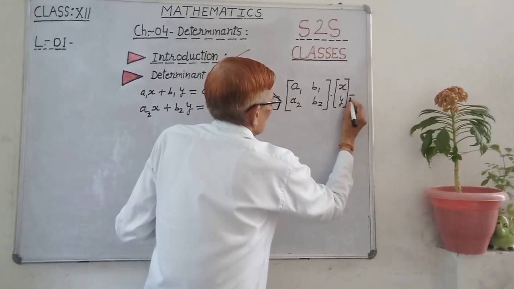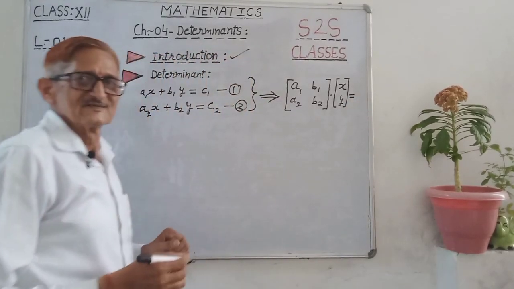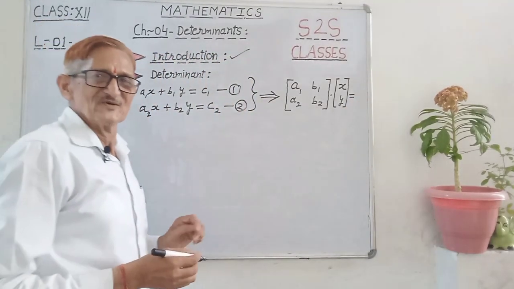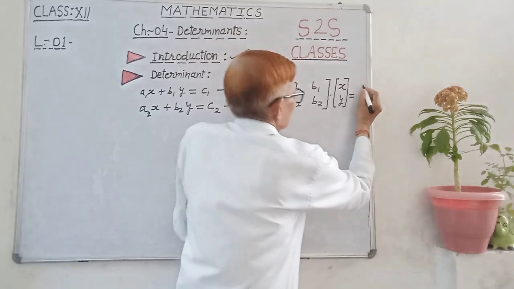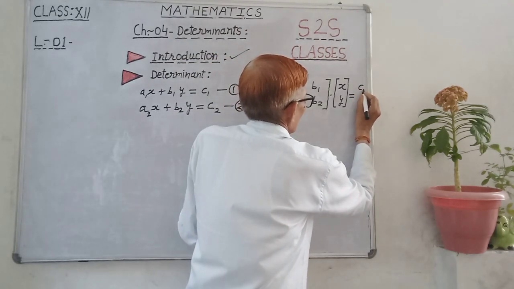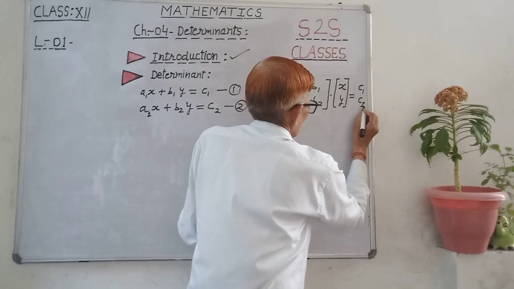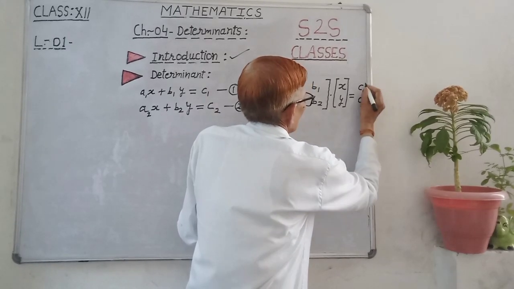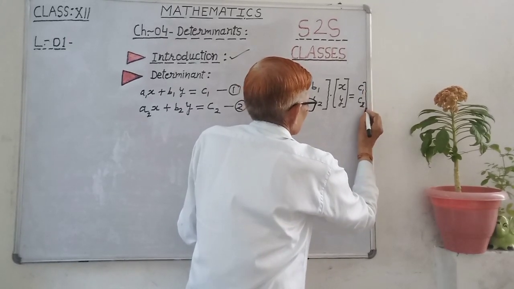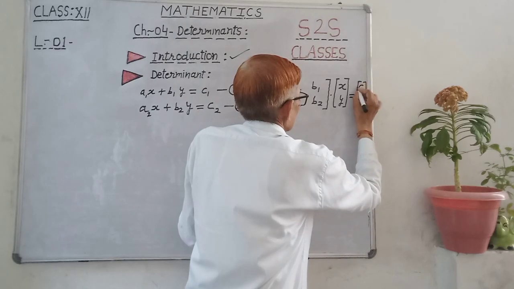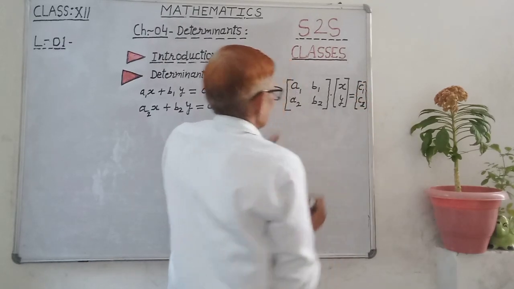This product is equal to the column matrix c1, c2. How can we do this product?